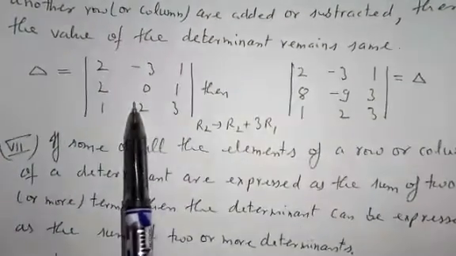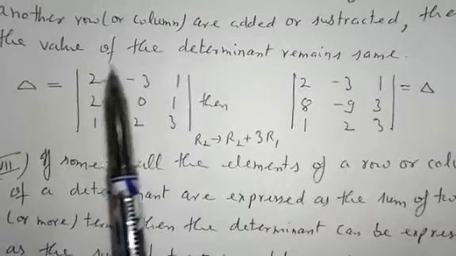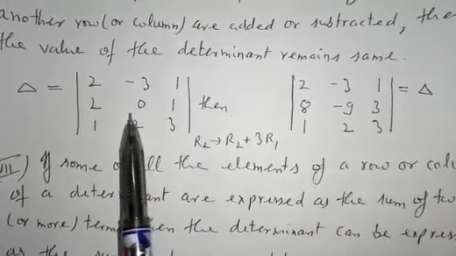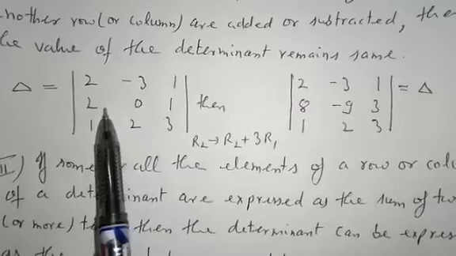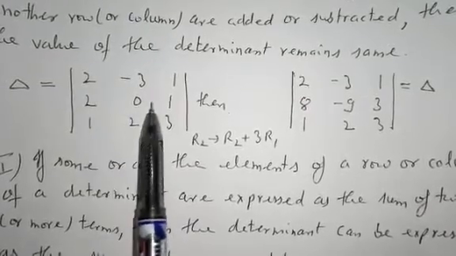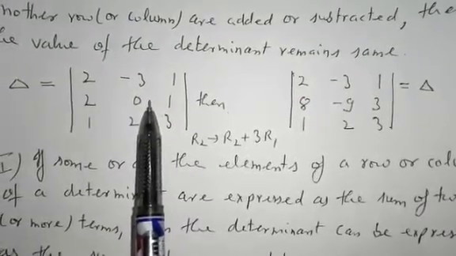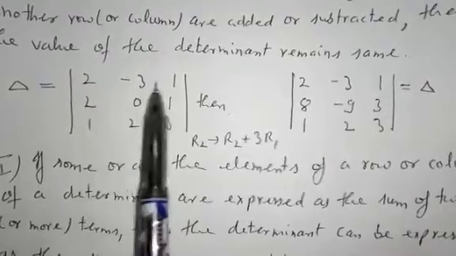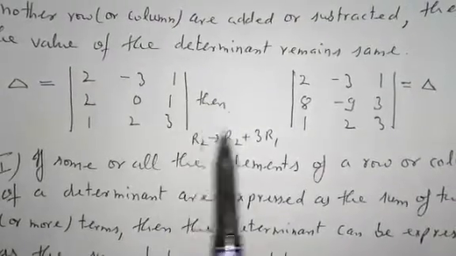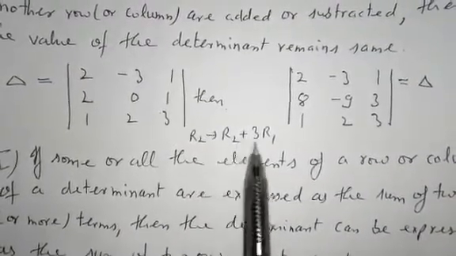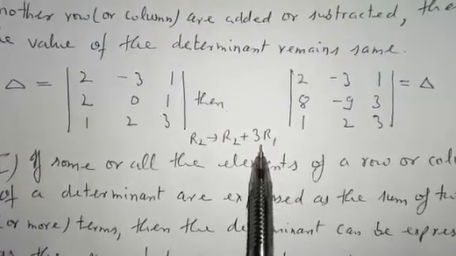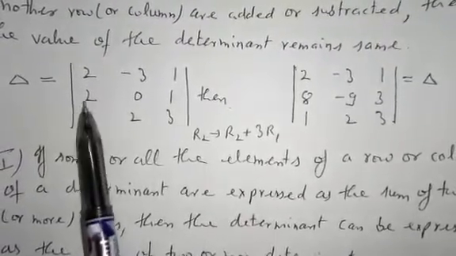This is the determinant and we are adding to R2 by multiplying R1 with 3. R2 is changed: R2 plus thrice R1. So now R2 is changed.